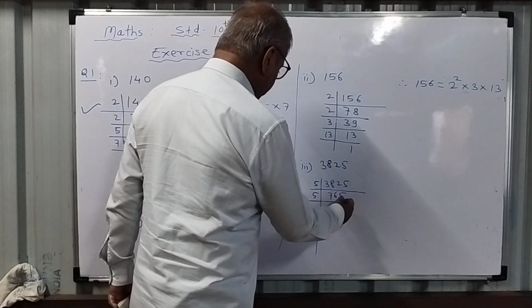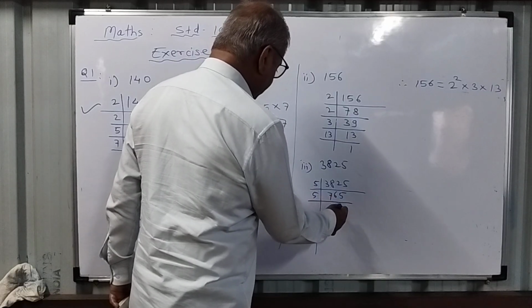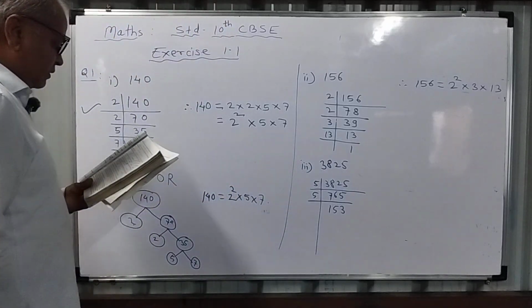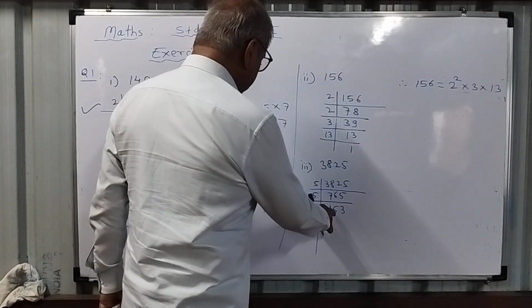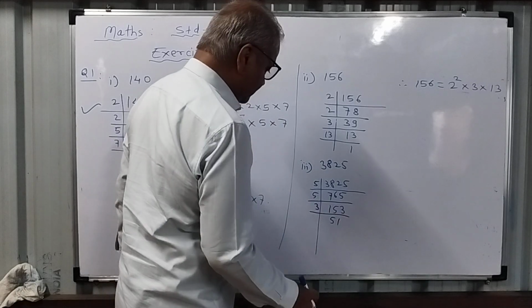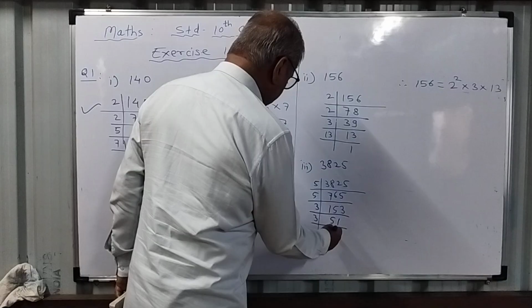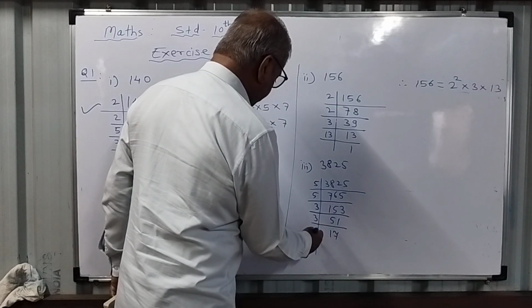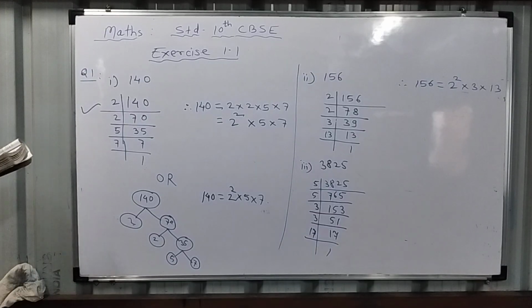Again 5 1s are 5, 5 5s are 25, 5 3s are 15, giving 153. Now it is divisible by 3. 3 5s are 15, 3 1s are 3. Again 3 1s are 3, 3 7s are 21, and 17 is a prime. So 17 1s are 17. So 3825 can be written as 3 into 3 into 5 into 5 into 17.